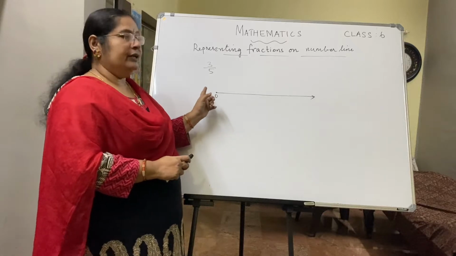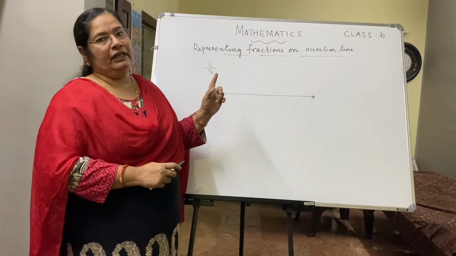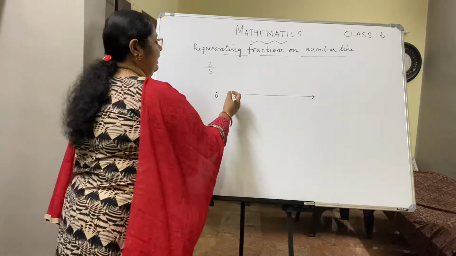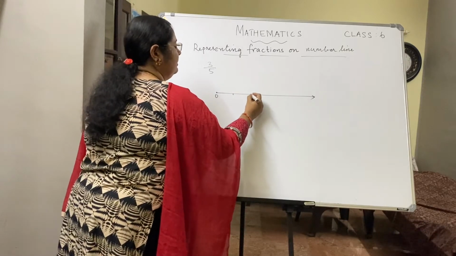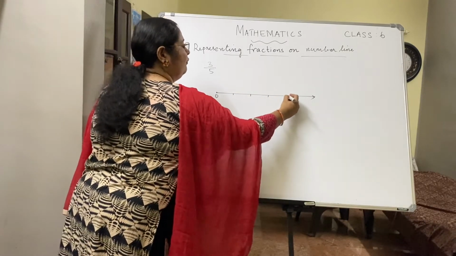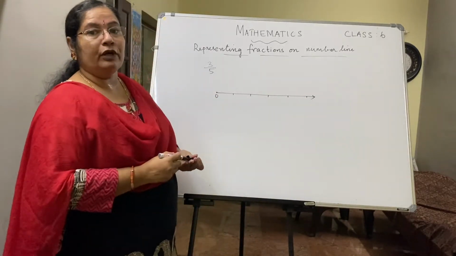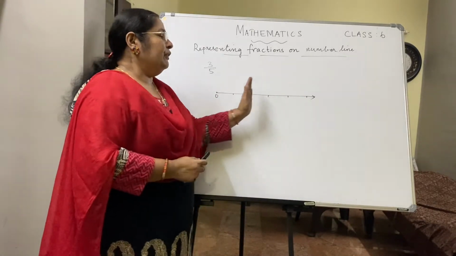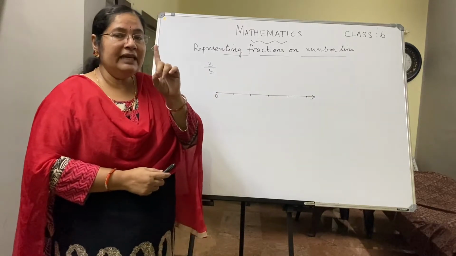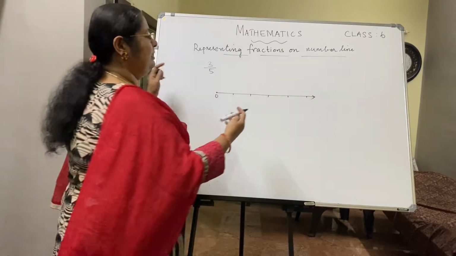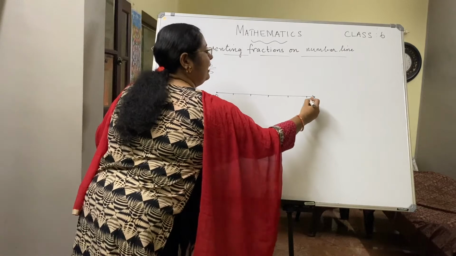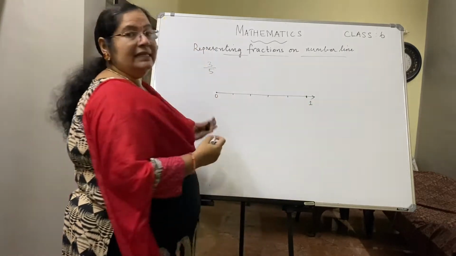So you are going to divide this into 5 equal parts. So you start dividing 1, 2, 3, 4, 5. So these are the 5 parts that we require. And the fifth part will be 1. So this actually is 1. This fifth part represents 1.